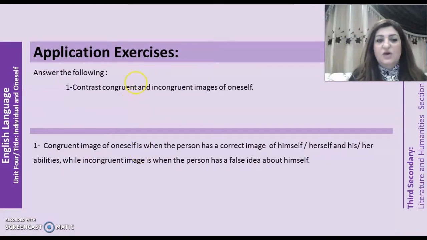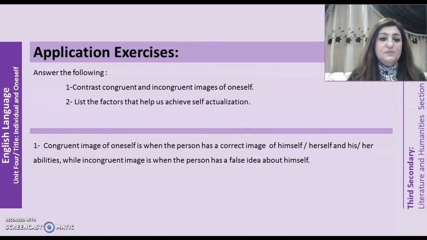As you see, a congruent image of oneself is when the person has a correct image of himself or herself and his or her abilities, while, do you see, this makes the contrast. I can say however, I can say but. An incongruent image is when the person has a false idea about himself.